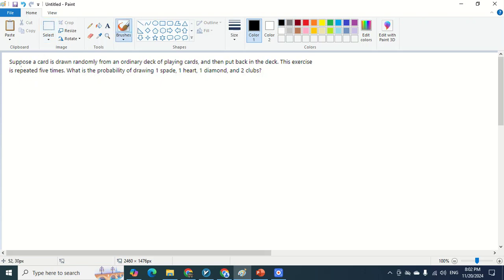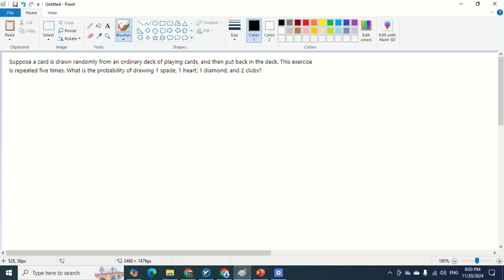Let us look at the question. Suppose that a card is drawn randomly from an ordinary deck of playing cards. As you remember, we discussed the deck of playing cards that contains 52 cards, and those 52 cards split into 4 types: spade, heart, diamond, and clubs.